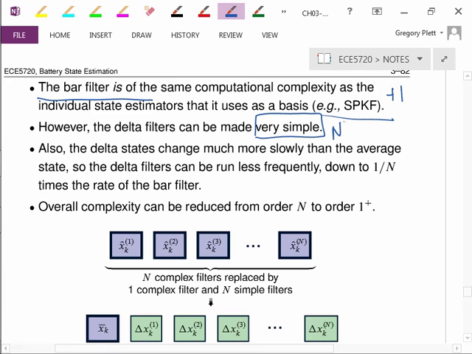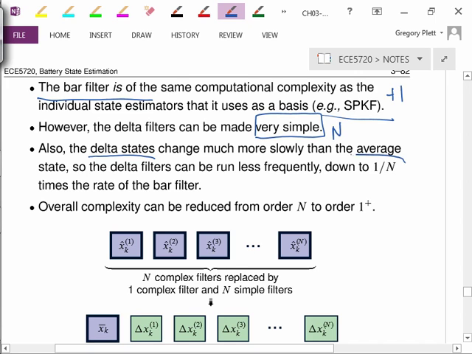And we can also notice that while the pack states can change relatively quickly, the delta states change much more slowly because really we're changing based on capacity differences, not the absolute capacity of this cell. So the delta states change slowly, so I don't need to update the delta filters as frequently as I do the bar filter.